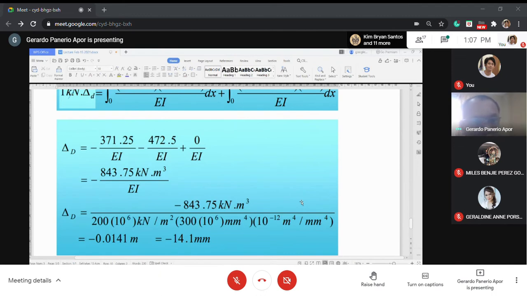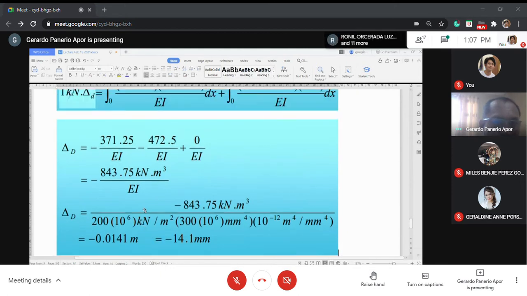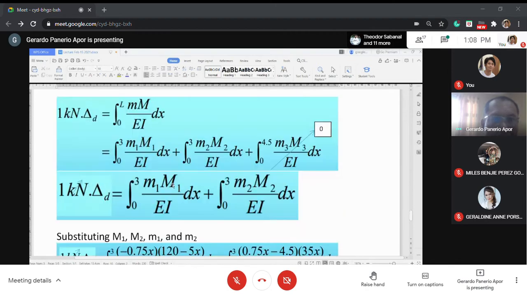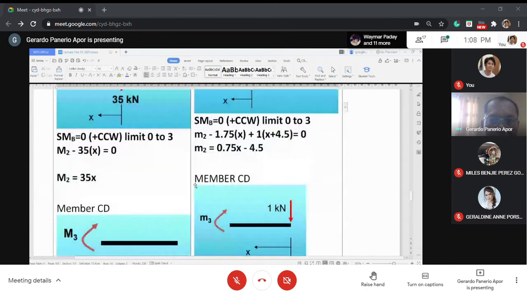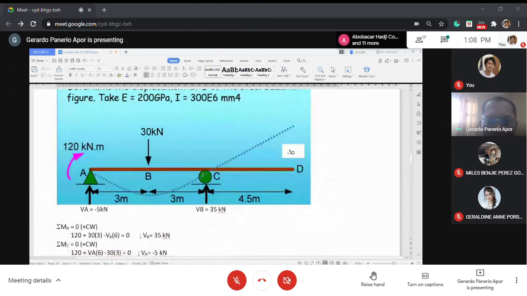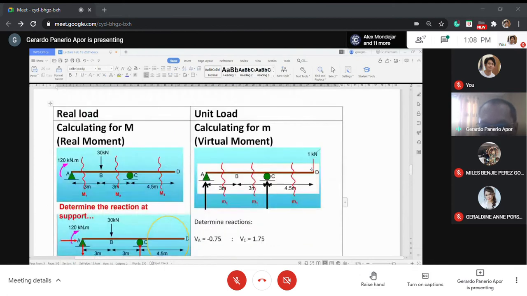You have a negative answer for delta D. Why do we get a negative? That's the question. We know that this is positive, above the red line, and yet we get a negative.